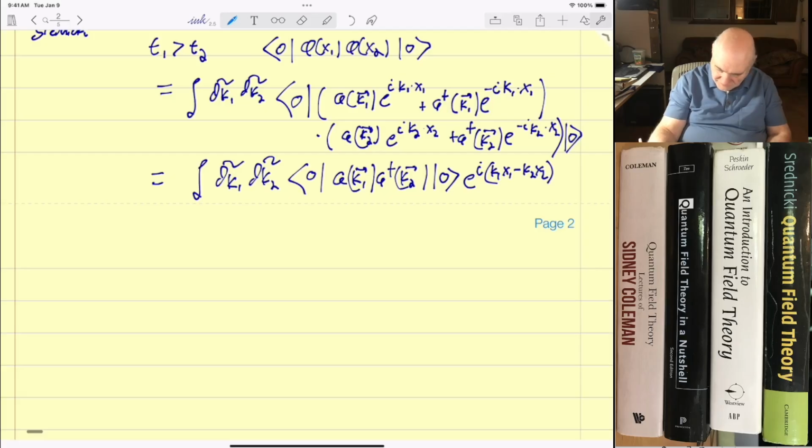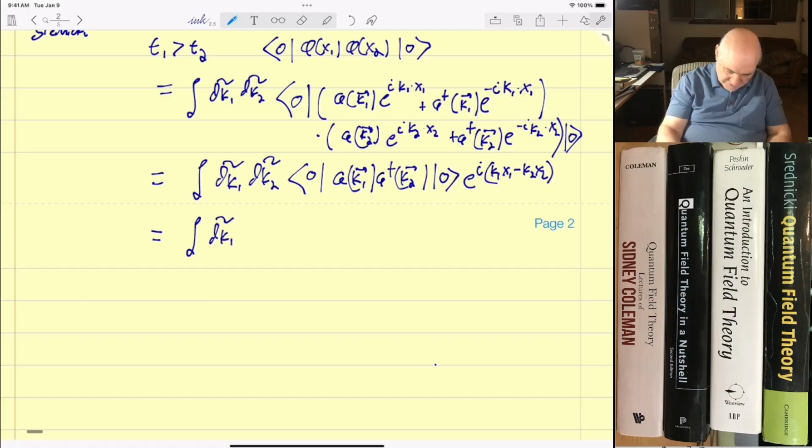Okay, and continuing, notice that now we use the commutation relations we have with the creation operators, and we have a funny measure, but we've already done all this.